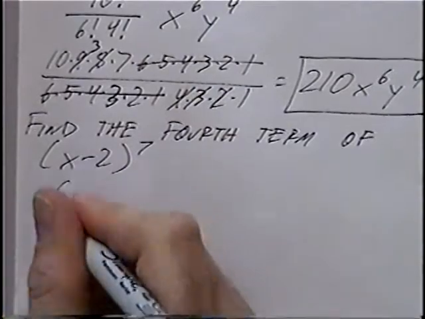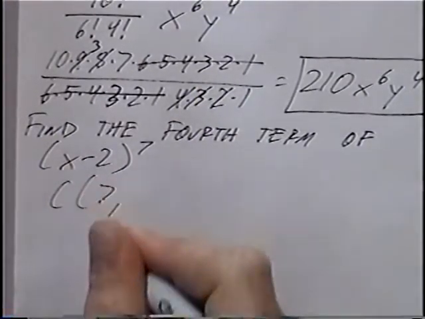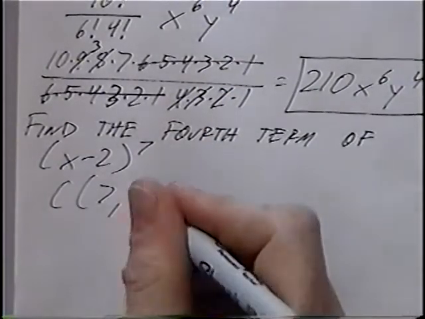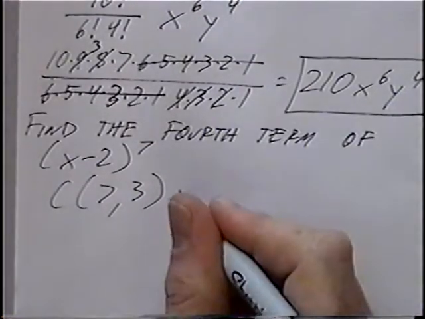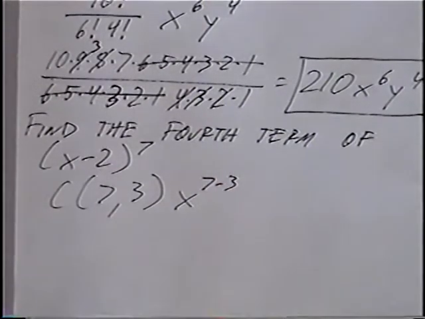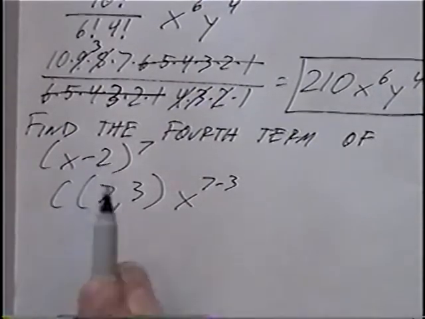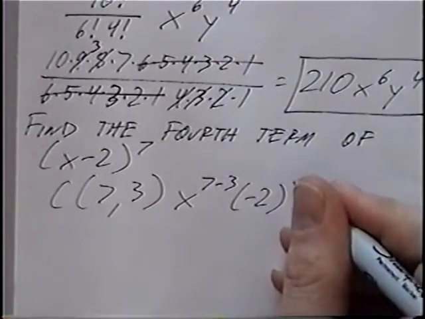And again, we'll have combination n, which is the exponent, in this case 7, and r is the term number 4 minus 1, which would be 3. And instead of a from the equation, we'll use x. N minus r, which would be 7 minus 3. And instead of b, we'll use the number 2. It has a negative sign, so we'll use a negative 2 to the r exponent, which would be 3.